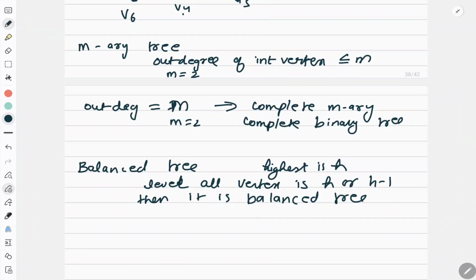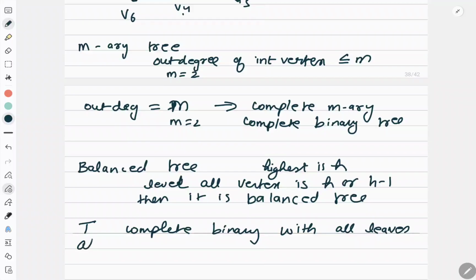Now suppose there is a tree T and it is a complete binary tree with all leaves at level H, then it is called a full binary tree.